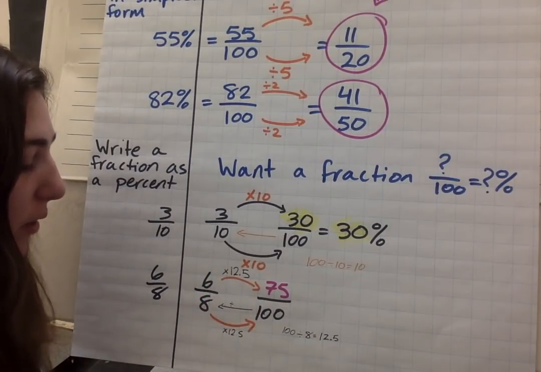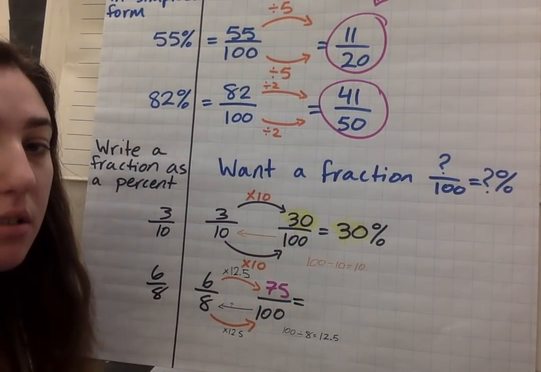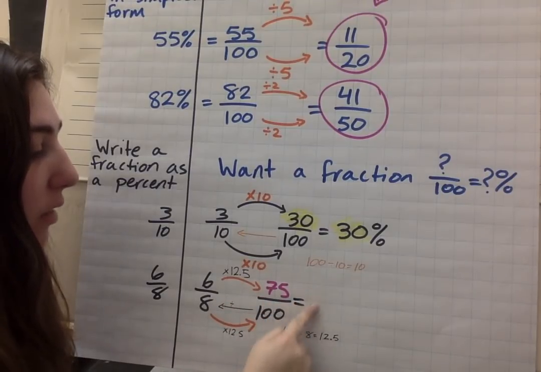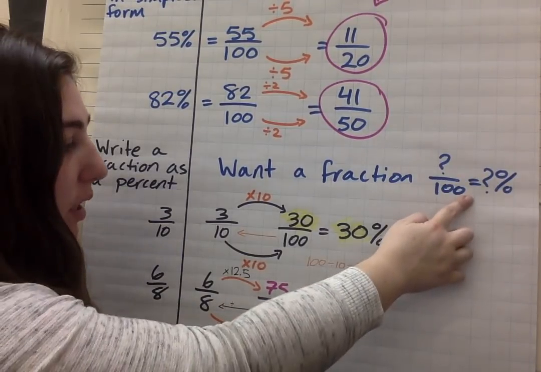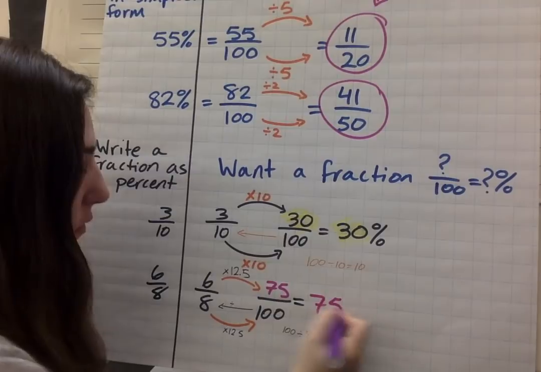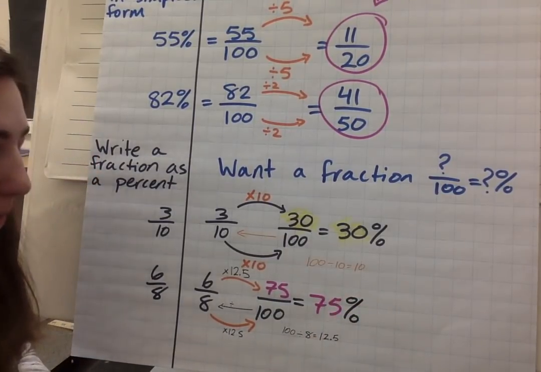We got 75 out of 100. Now I just need to write this as a percent. Okay, so I'm going to take this number and write it as a percent, just like we did over here and here. So 75%. That's my answer.